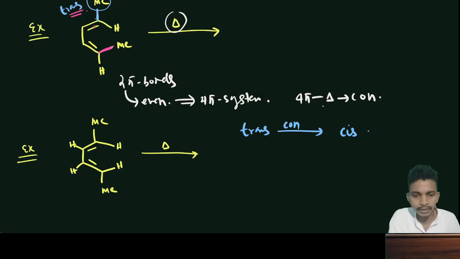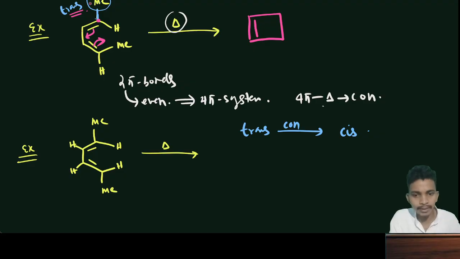So what happened here? See, this is going here and this is going here. So it becomes 1, 2, 3, 4, so a 4-membered ring will form.